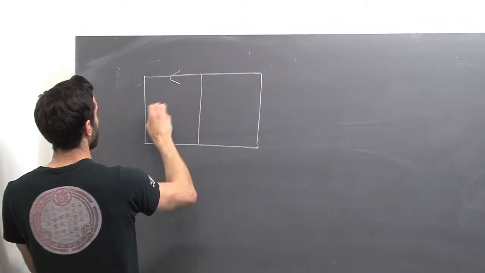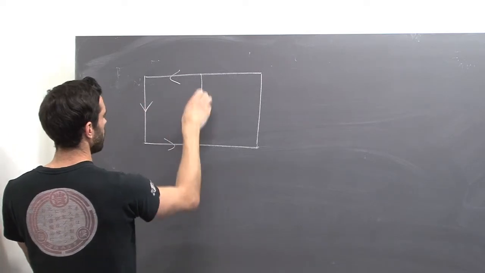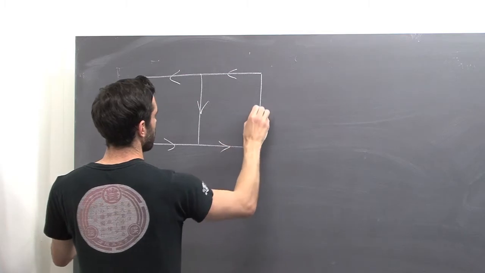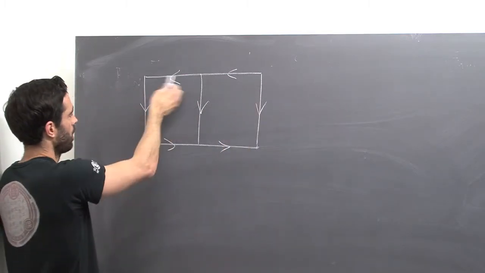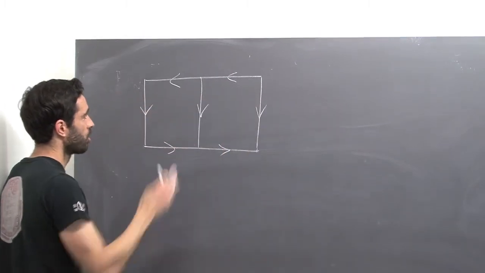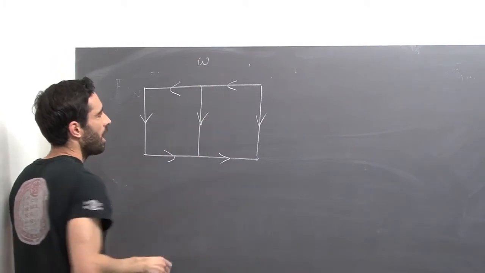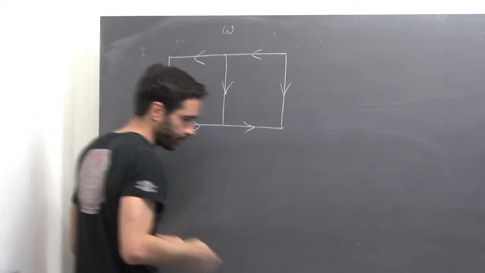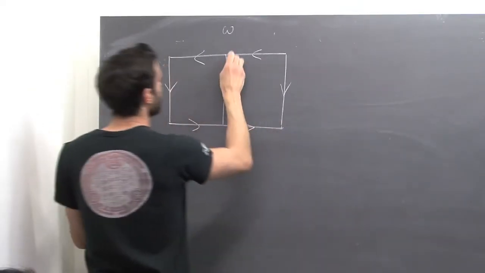Okay, so let's find a Kasteleyn orientation here. This works, I think. Yes. So let's say that this is omega. And the move that I want to consider is you pick a vertex. Let's say I pick this one.